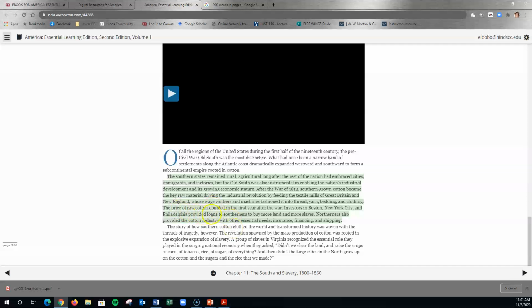The price of raw cotton doubled in the first year after the war, and investors in Boston, New York City, and Philadelphia provided loans to Southerners to buy more land, more slaves, put more land under cultivation, and raise more cotton. And this is how cotton really becomes the key to Southern development.